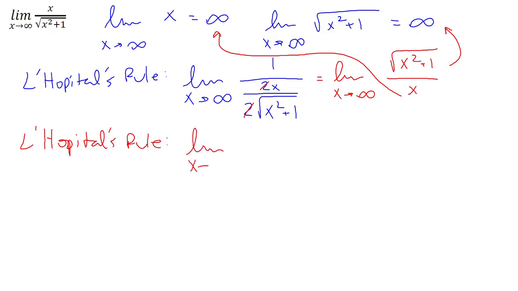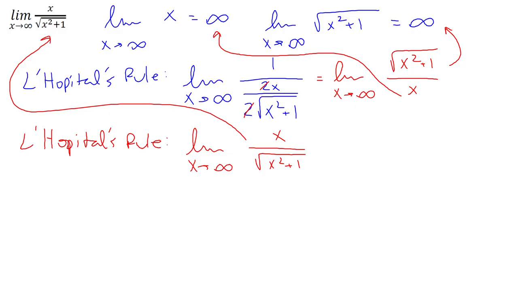We're going to have the limit as x approaches infinity of the derivative of root x squared plus 1, which we just did, which was x over root x squared plus 1, over the derivative of x, which is just 1, and that over 1 is unnecessary. We just end up right back at our original function. So this is going to give us an infinite loop here. We're just going to keep going back and forth between our function and the reciprocal of our function.